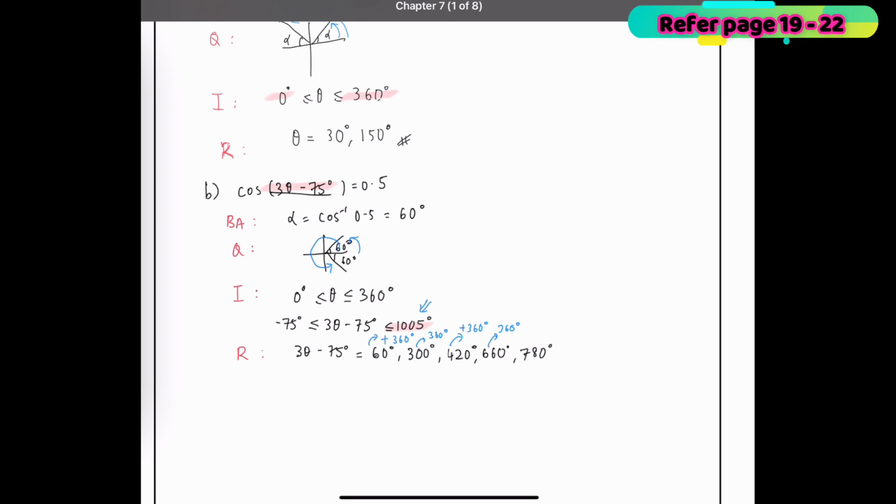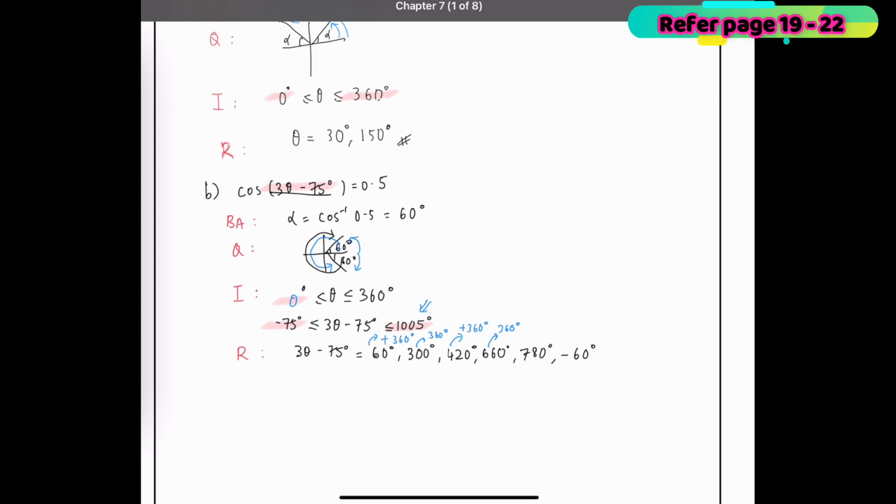But you can notice that we actually move from 0 to negative 75. So we still have to rotate this way, and we figure out that there is another value, which is negative 60. When we try to rotate the other way, it exceeds negative 75, so we can ignore the value.